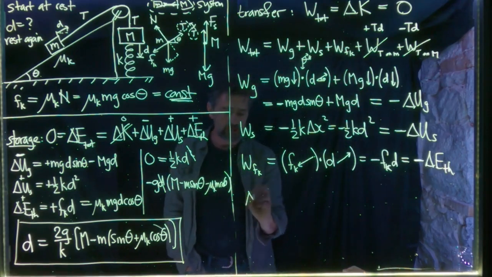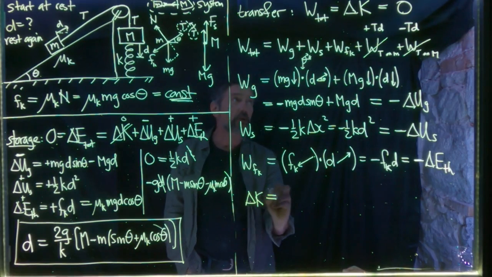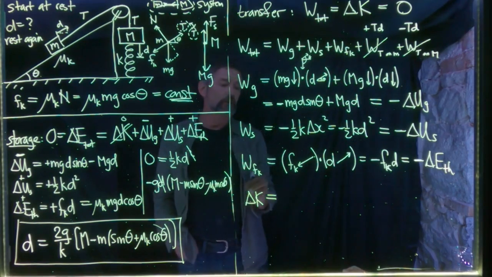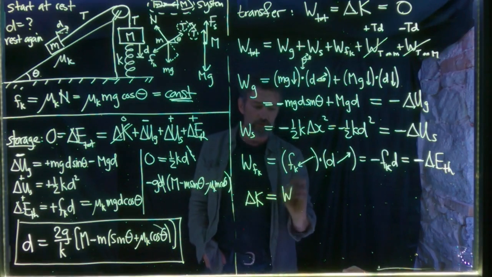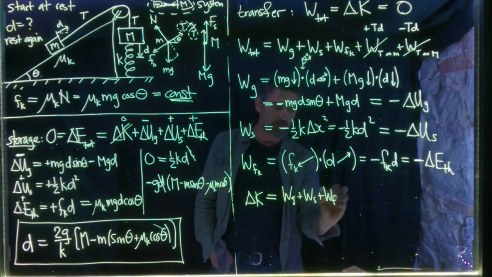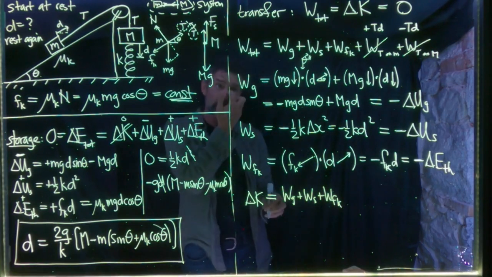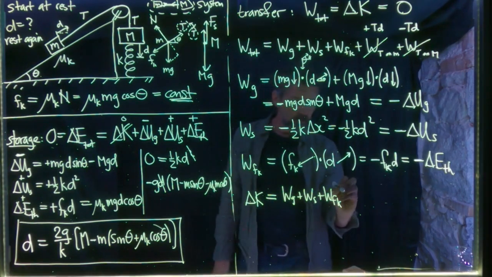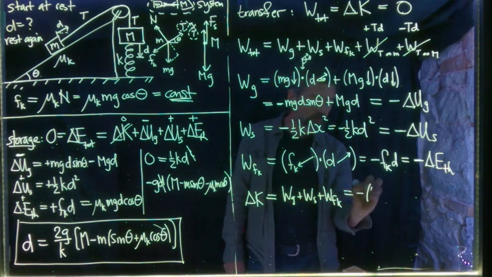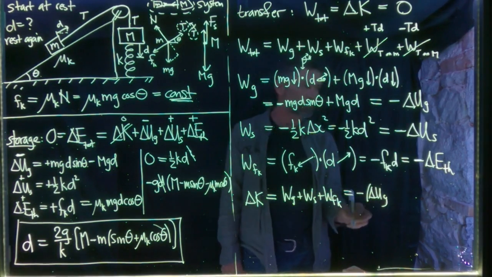So we're saying that the change in the kinetic energy is equal to the total work done. So the total work done is work done by gravity plus work done by spring plus work done by force of kinetic friction.